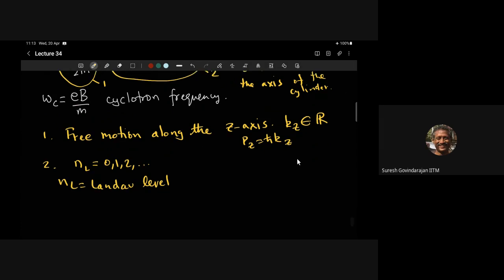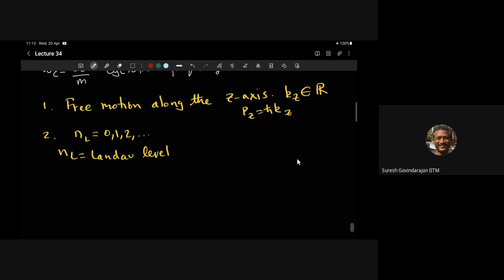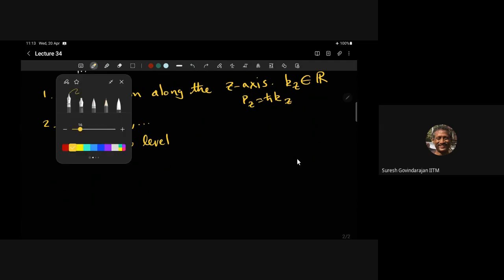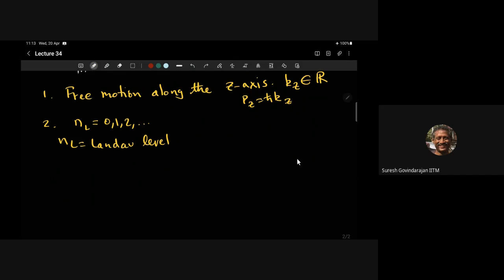So NL is called the Landau level. But the important thing here is that there's an enormous degeneracy.